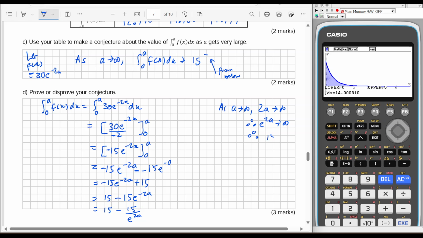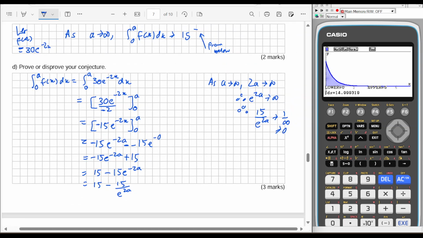Therefore, 15 over e to the 2a will go to 1 over infinity, essentially, which will go to 0. Therefore, 15 take 15 over e to the 2a will go to 15 take 0, which is 15.